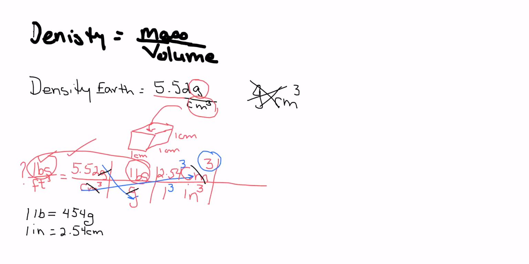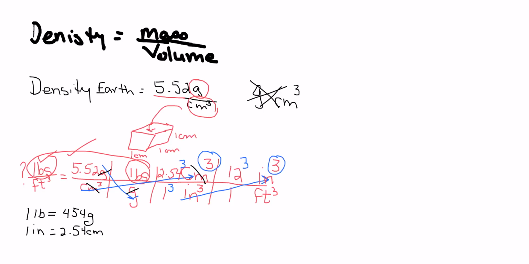Do I want inch cubed? No. So what do I do with that? I put it in the numerator, and I get inch cubed. What would I like in the denominator? I want feet cubed. Do I know a linear relationship between inch cubed and feet cubed? I sure do. I know it is 12 inches to 1 foot, and I recognize that it's a cubed system, so I cube the number, and I cube the number.